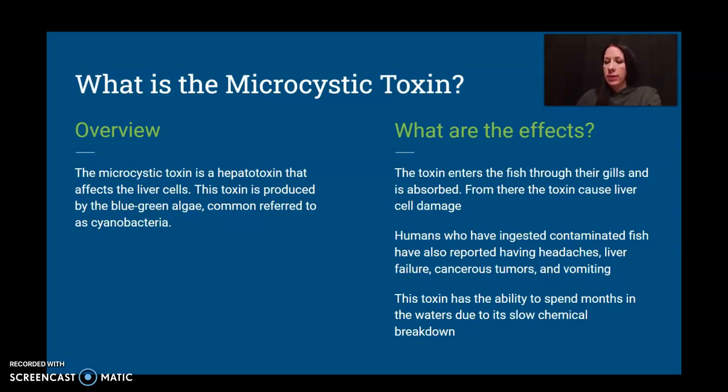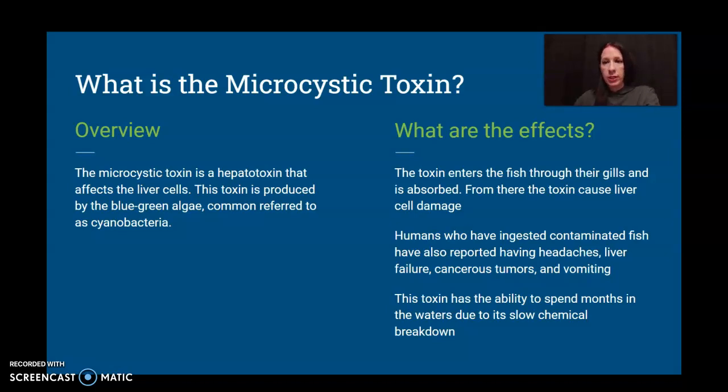And not only is it bad for the fish to ingest, if a human comes into contact with this water, or wildlife, or dogs, they can also have reported headaches, liver failure. It's even been reported to have tumors, like cancerous tumors. And it's really hard to track that because microcystic toxin takes a long time to break down because of temperatures.